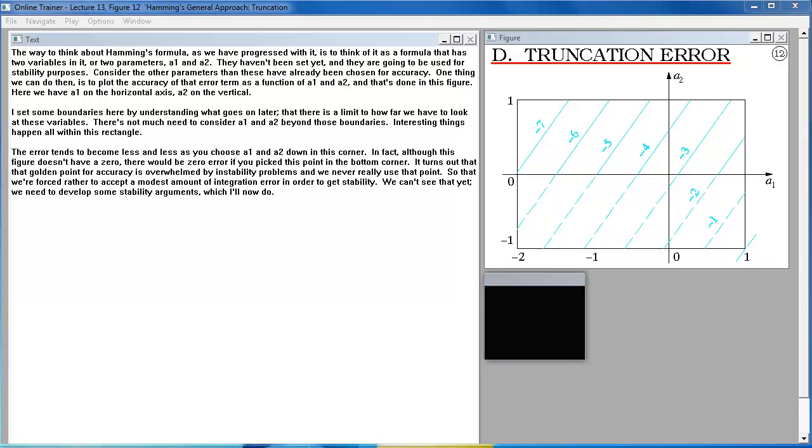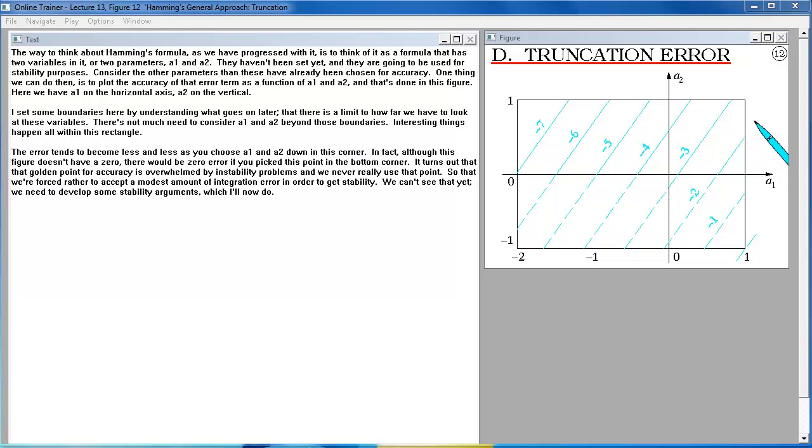They haven't been set yet, and they're going to be used for stability purposes. But consider that the other parameters, the B's, are already chosen for accuracy. One thing we can do then is to plot the accuracy, or that error term, as a function of A1 and A2. And that's done in this figure.